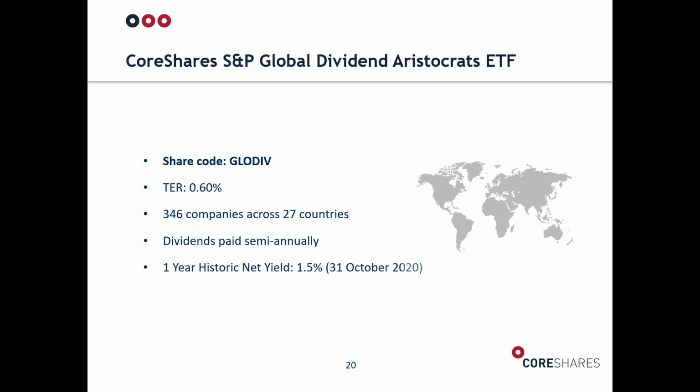EasyEquities has a platform for that. You can trade US listed shares, and so there's really a lot of flexibility to just use these products as building blocks in a way that suits what it is that you're trying to do.